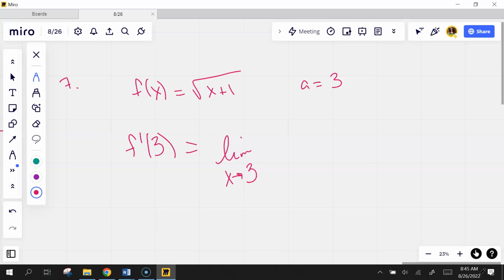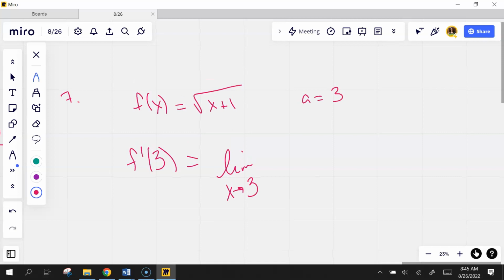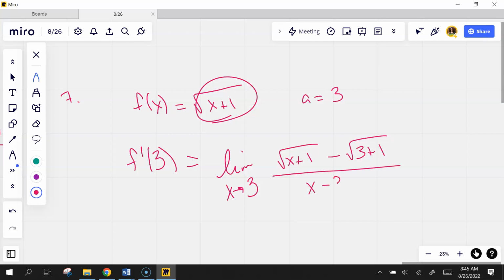Now I'm doing a whole new formula. Then this is where I'm going to do f of x, which is just square root of x plus 1, minus f of a over x minus a.